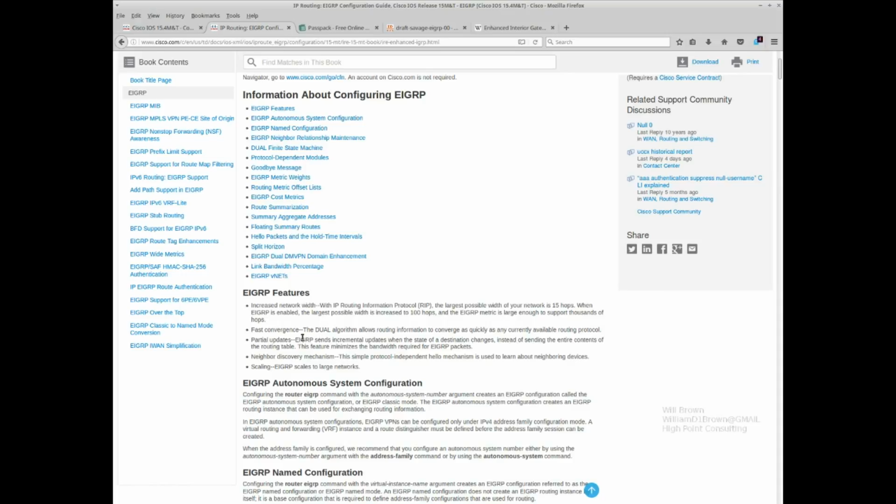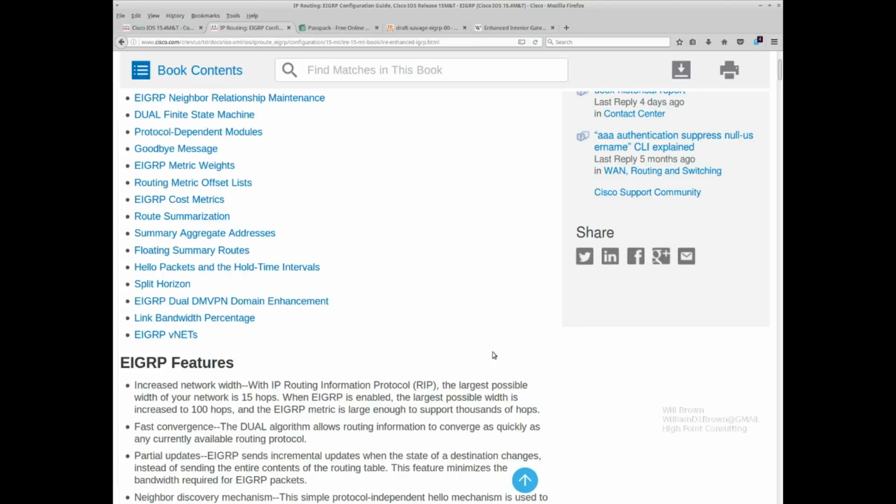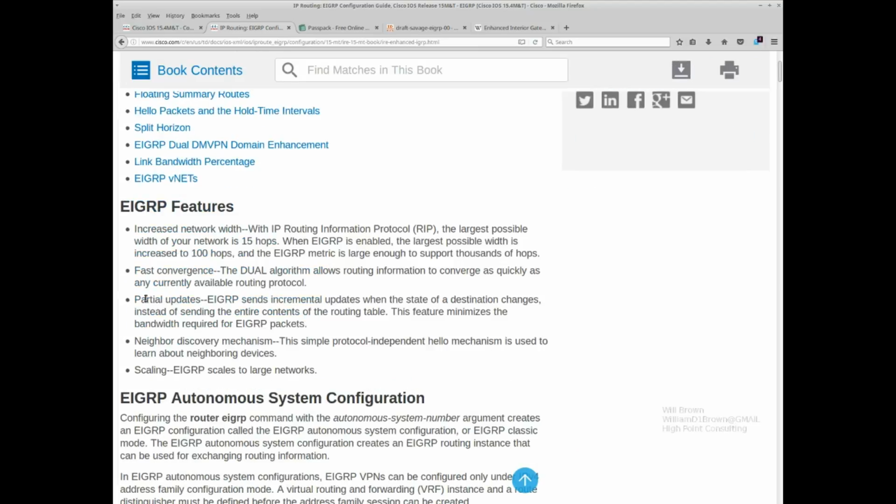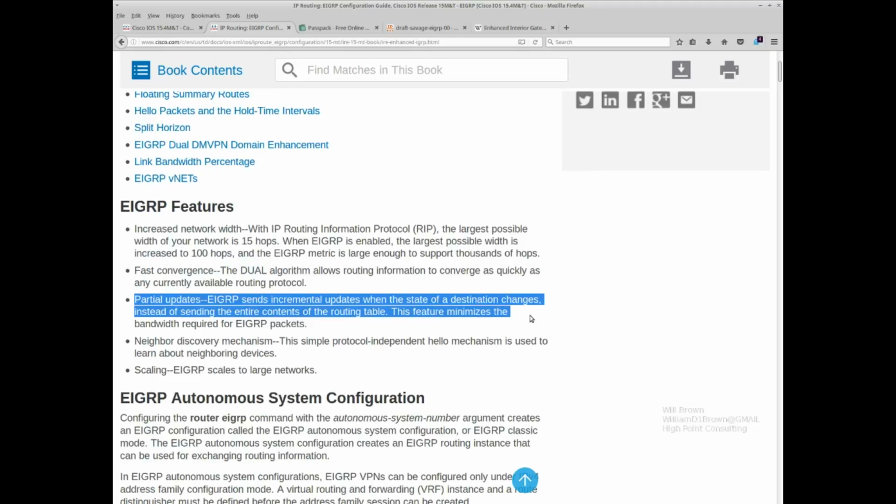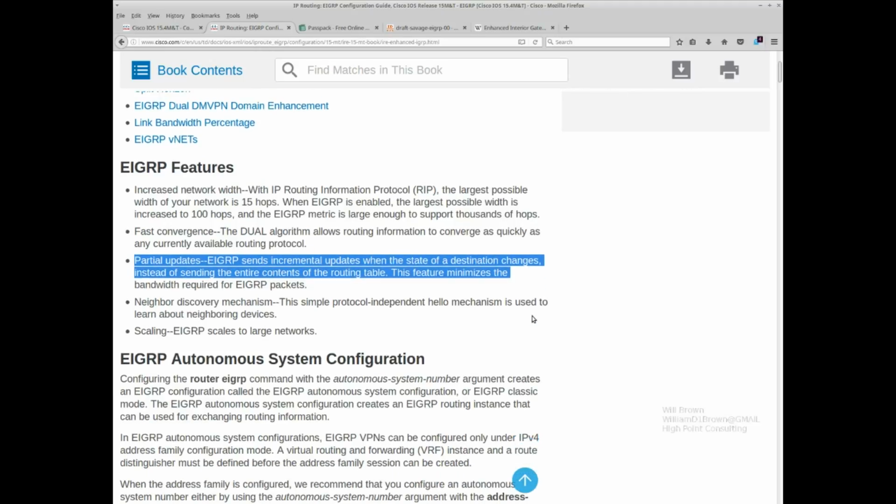So here it says EIGRP. Let me make that bigger. Firefox may have just frozen on me. Oh, there it goes, finally. Partial updates: EIGRP sends incremental updates when the state of a destination changes instead of sending the entire contents of the routing table as our old friends RIP and RIPng do.